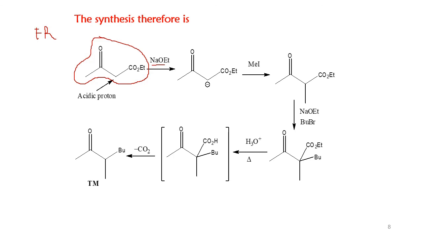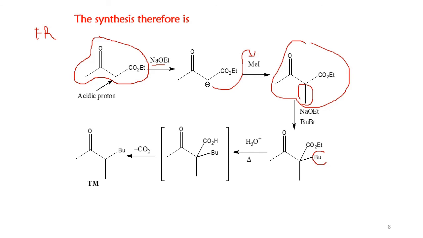Then you react with iodomethane, so you will get a methyl group here. So this ester with methyl, and then you react with base and also butyl bromide, so you will get another butyl group here.